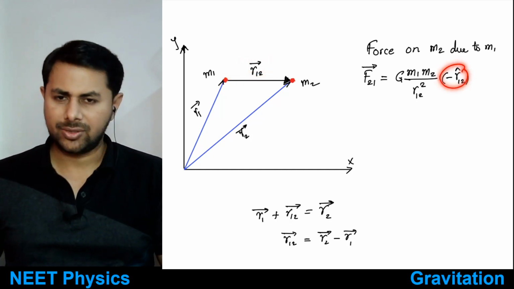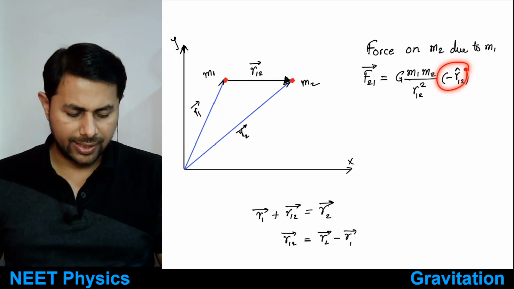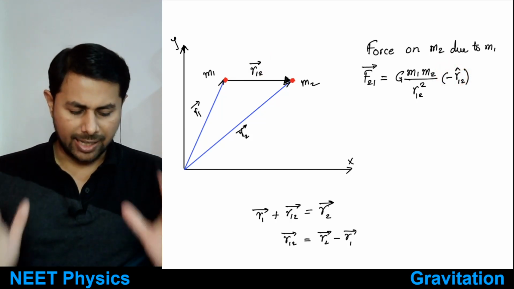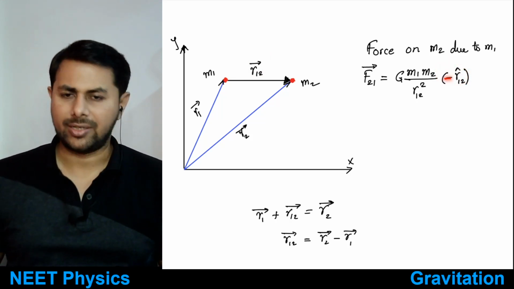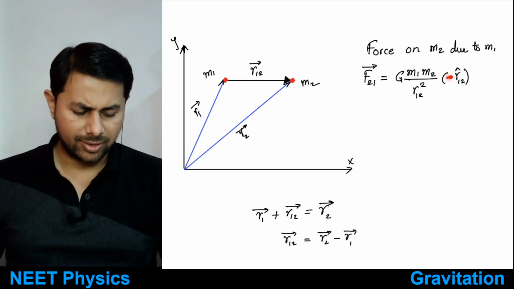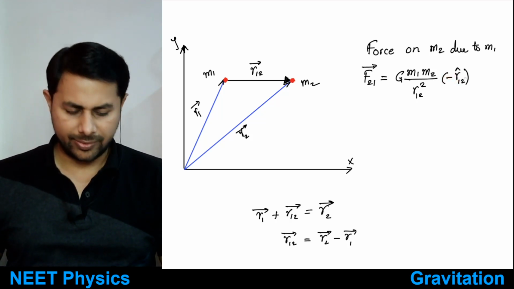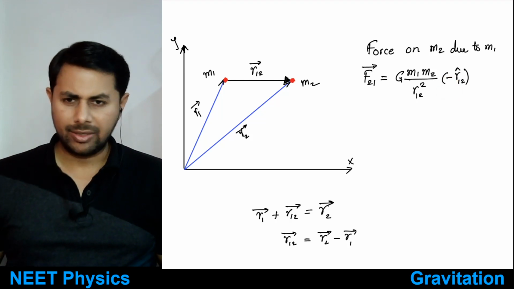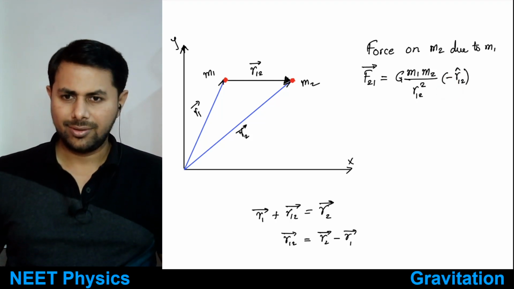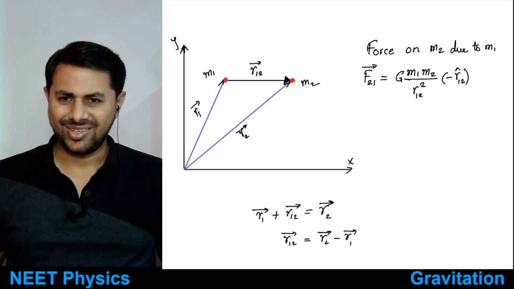It is directed opposite to r12 bar, and that's why to show the direction we multiply the magnitude of force by a unit vector, so it is minus r12 cap. Very simple thing.